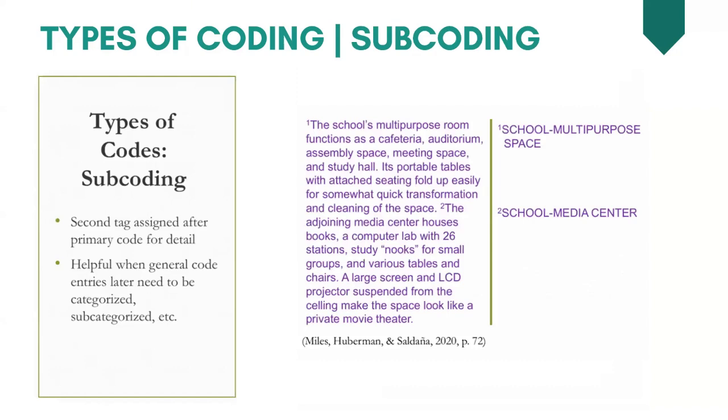Now, subcoding is a second tag assigned after the primary code. So it's about when we can break something down. We've got our codes, dissatisfaction as my code, for example. But subcoding enables me to break it down into a couple of other areas that are very specific, but may be different.